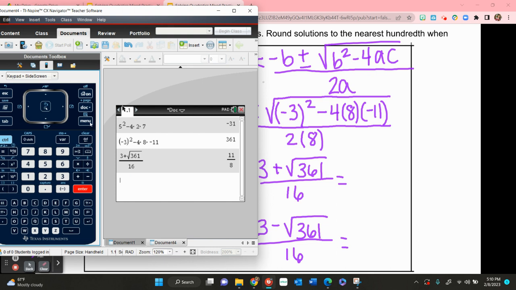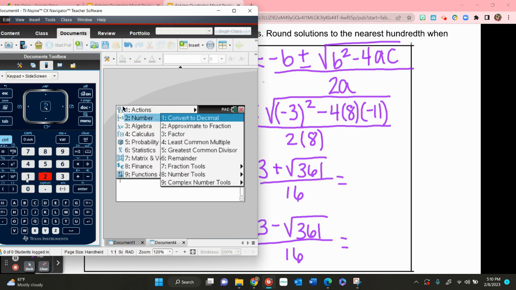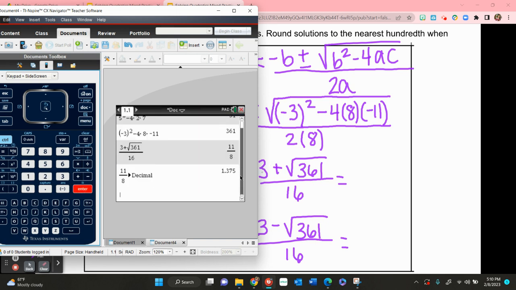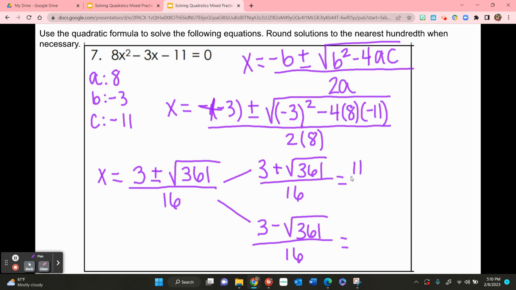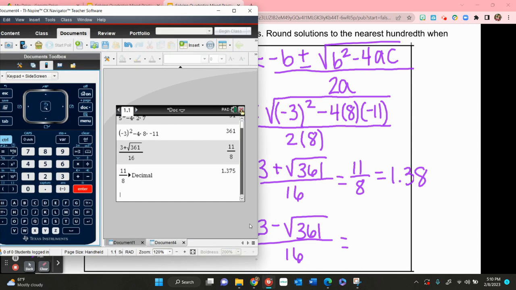But we want to round this to the hundredths place. So I'm going to convert it to a decimal by pressing menu 2 1. Since I want to round this to the hundredths place, I notice that the 5 is going to round up the 7, 2, and 8. So 11 over 8 as a decimal is 1.38. Now I want to find the solution of my second equation.